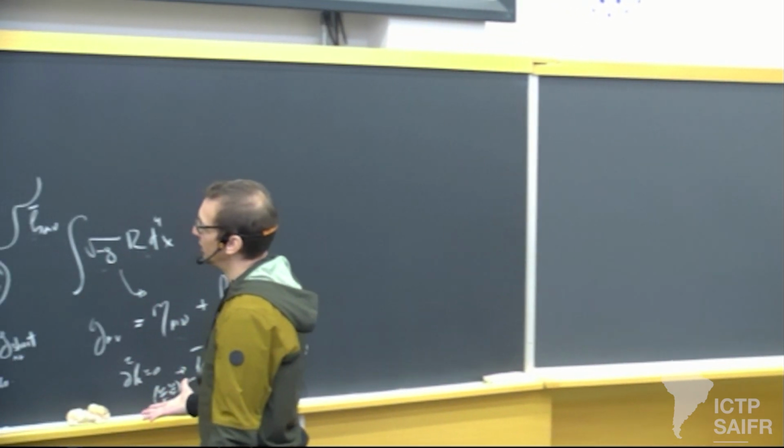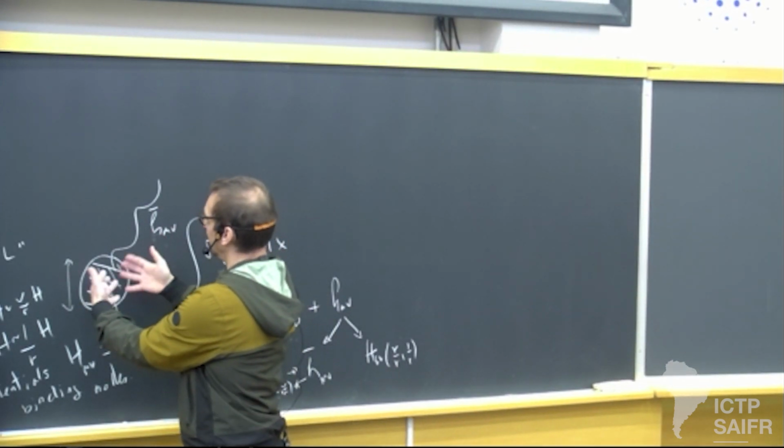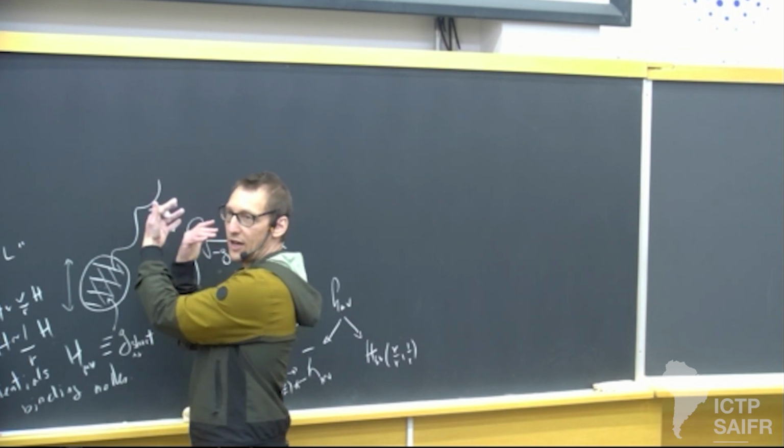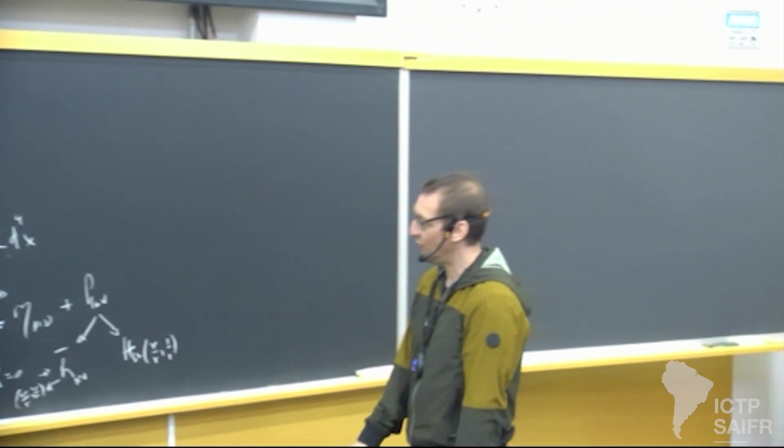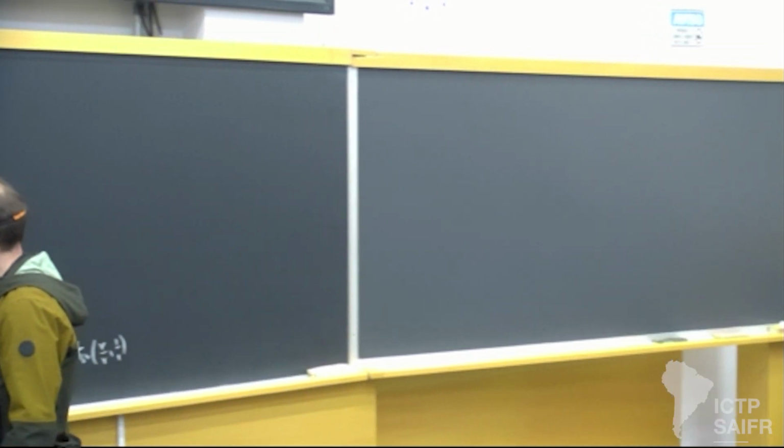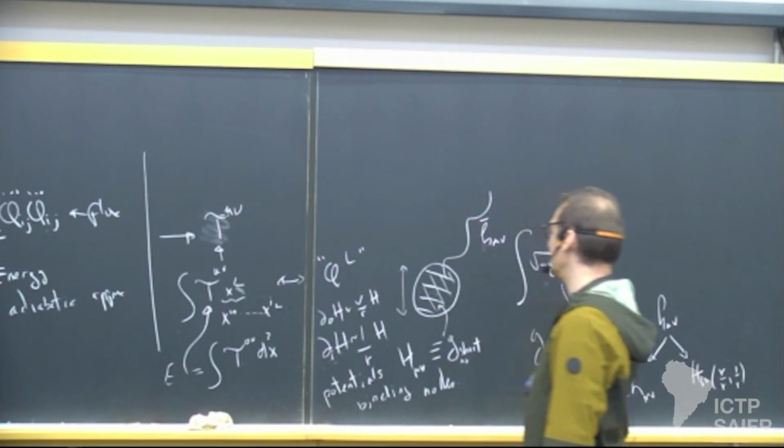But it's also very intuitive that whatever is happening in here is sourcing what's happening out there, and they decouple. For the most part. I mean, this decoupling will fail at some point because of these tails, but I'm not going to get into the details now.